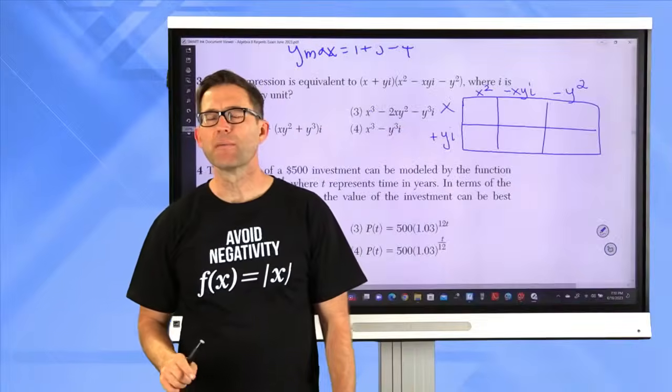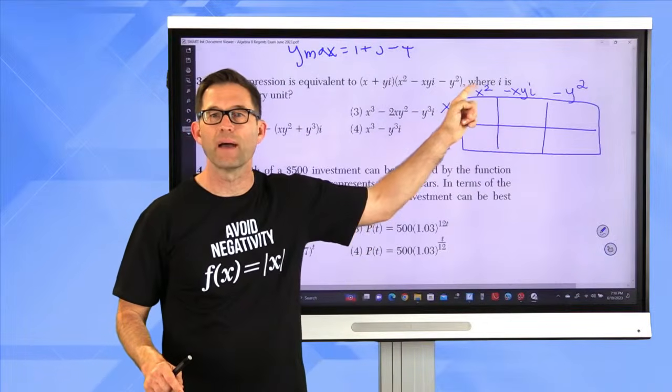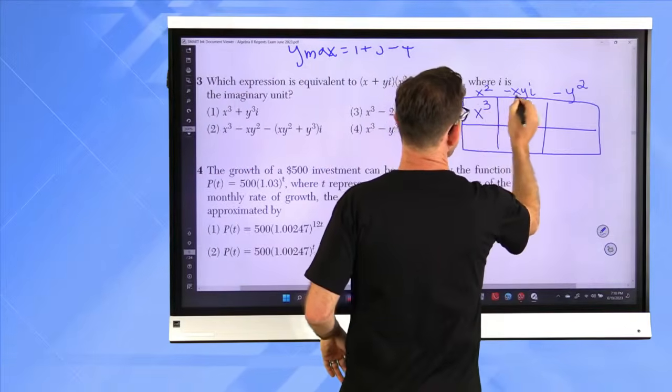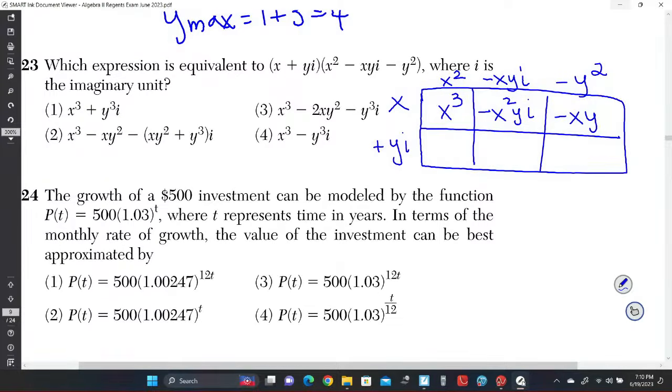And now I'm going to fill in all the boxes with just the products. For instance, x times x squared will leave me with an x cubed here. x times negative xyi will leave me with negative x squared yi. And x times negative y squared will leave me with negative x times y squared.